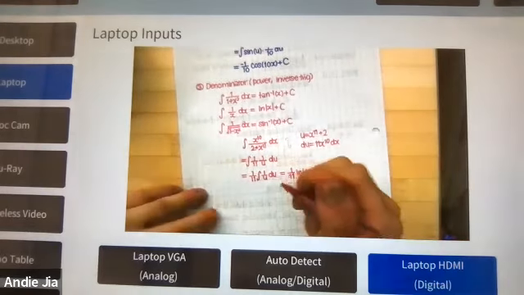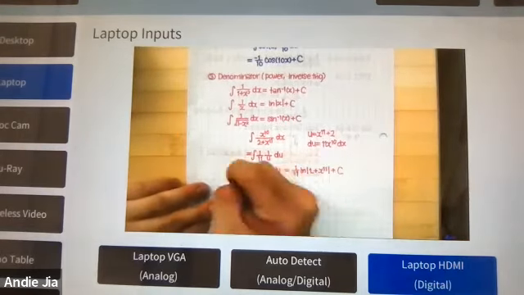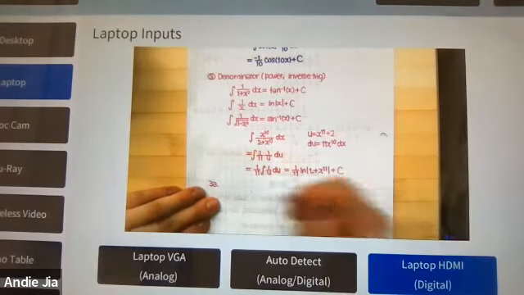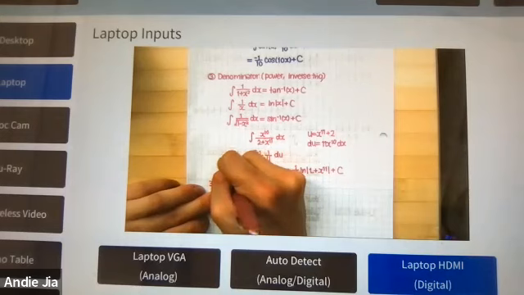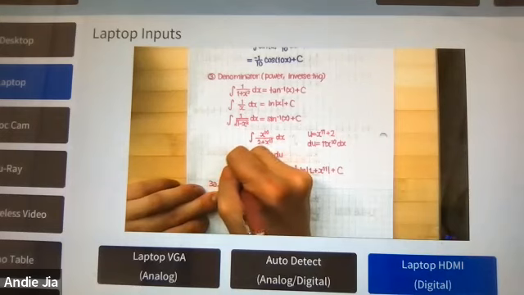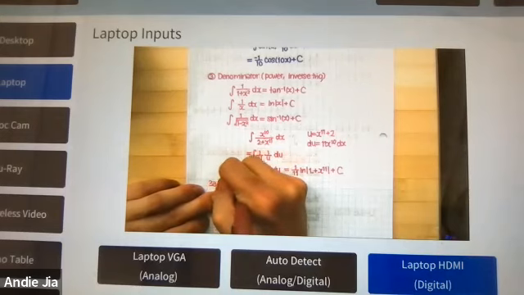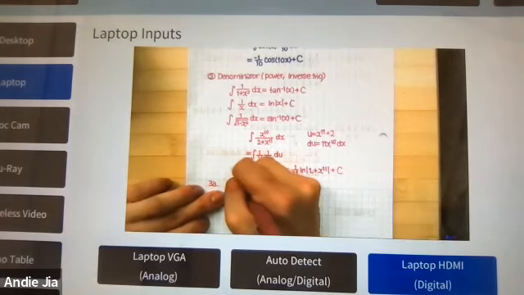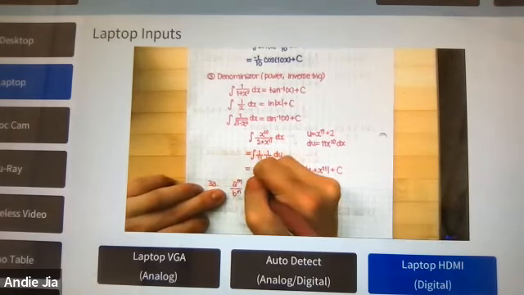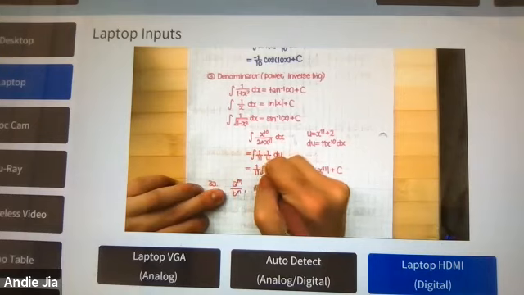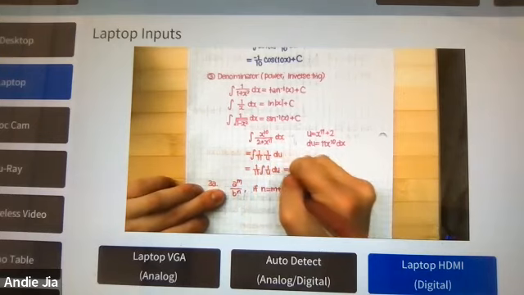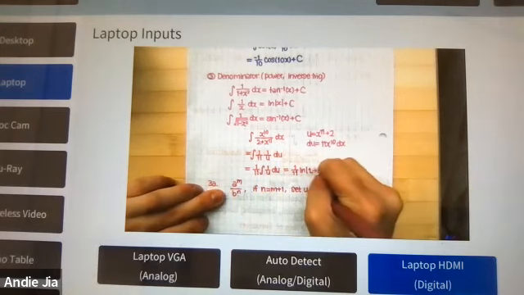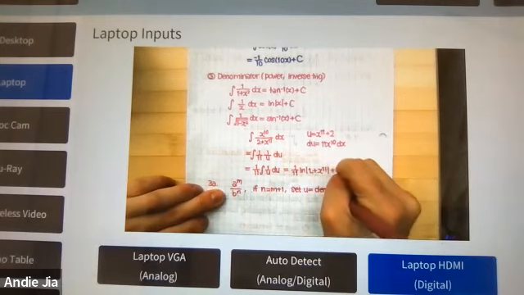So here's how we do it. If you see something like a over m or b over n, if n equals m plus 1, set u equal to the denominator.